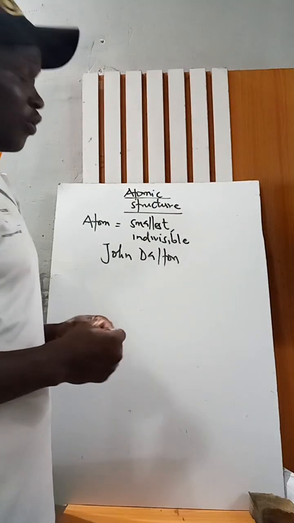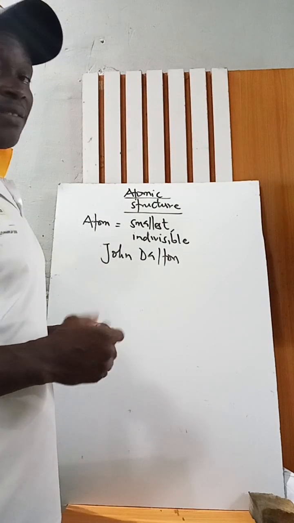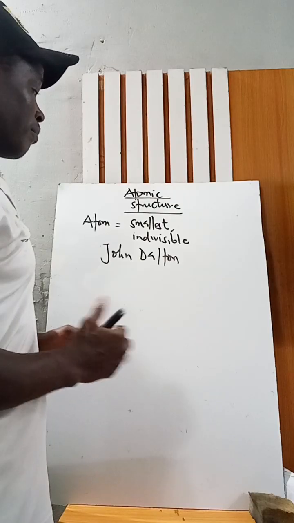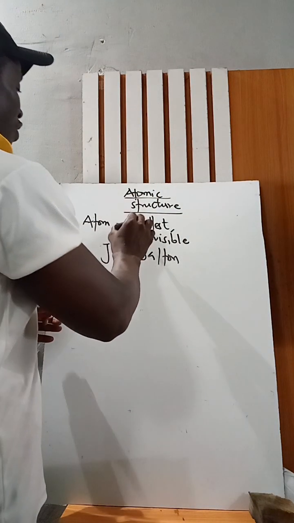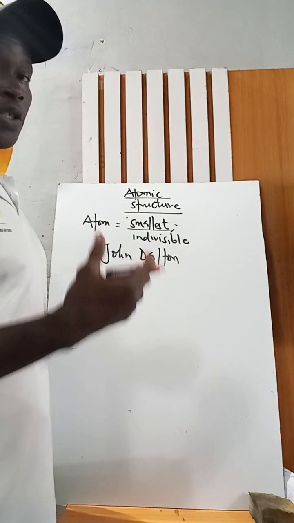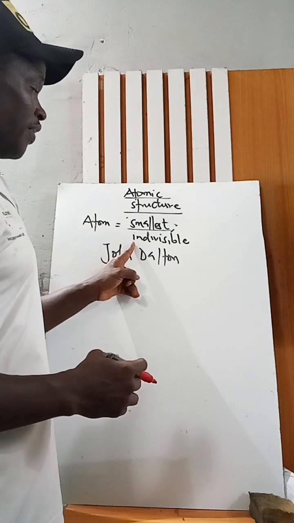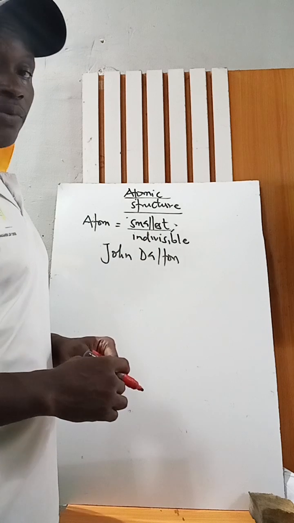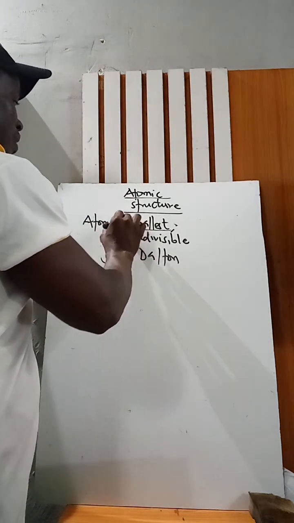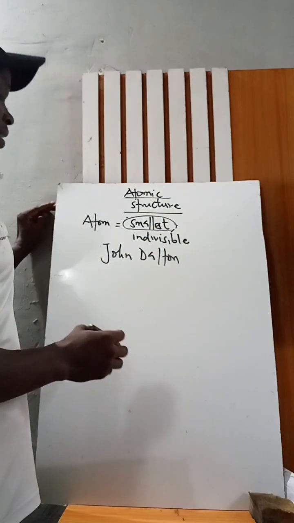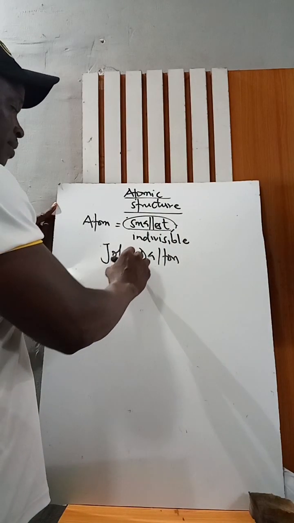However, it was discovered that atom is not the smallest anyway, but today I'm just going to take a piece of that. So according to John Dalton, atom is the smallest indivisible particle.